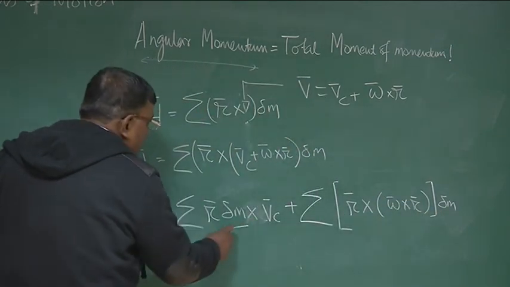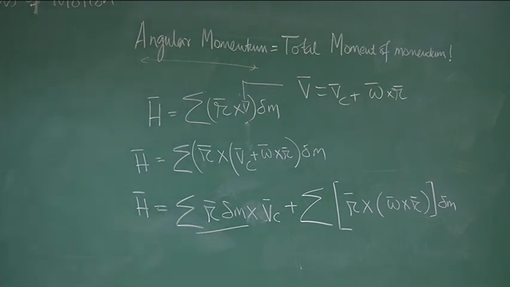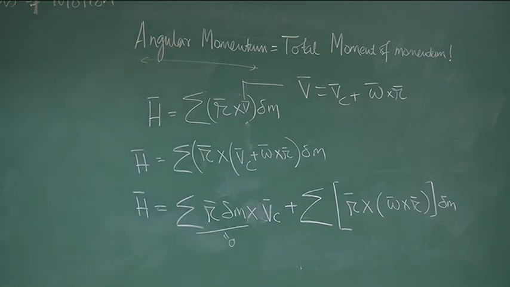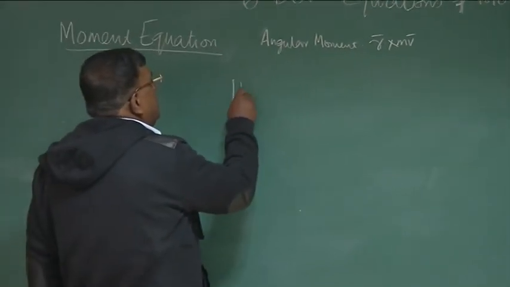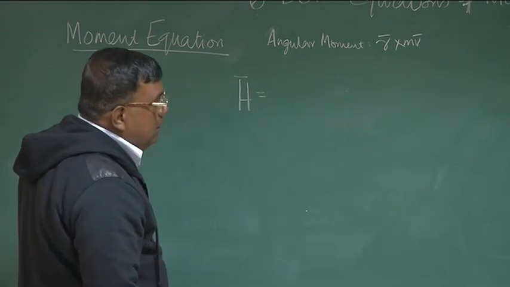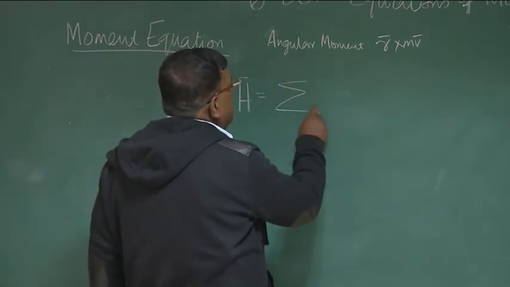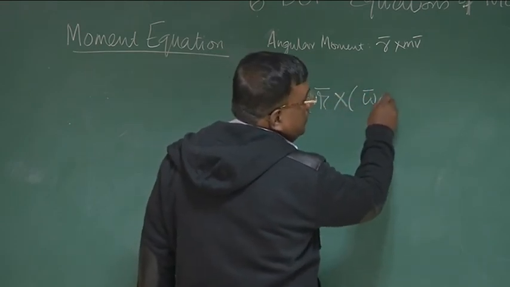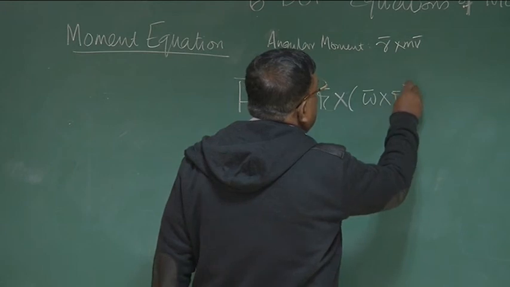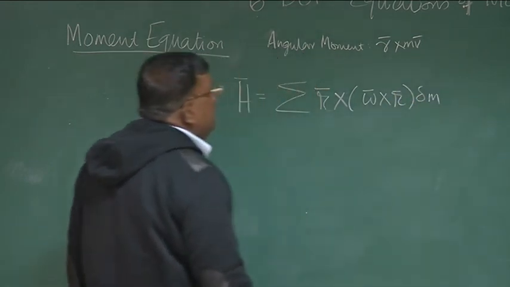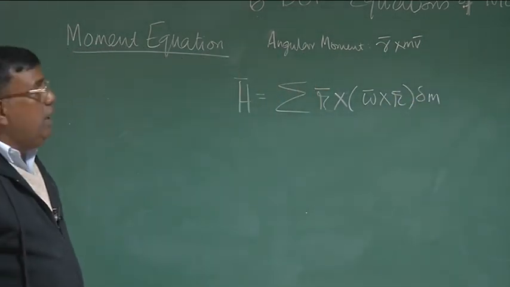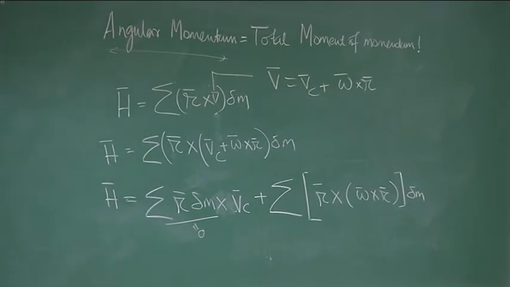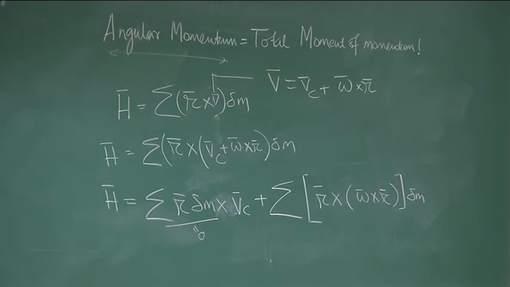And by now you know, if the axis is at the center of mass or center of gravity, the first term is 0. So we have an expression of h as summation r bar cross omega cross r dm, right. Let us not forget, this term vanished because the axis is located at the center of mass. Okay.